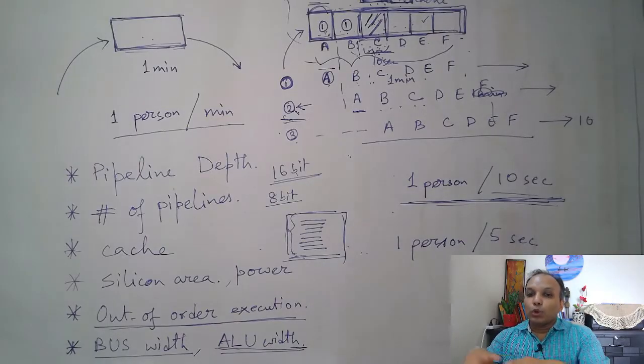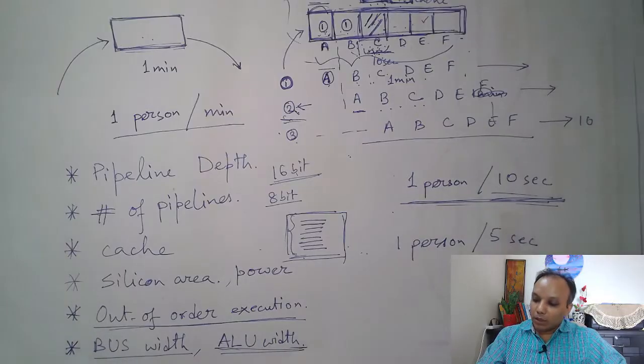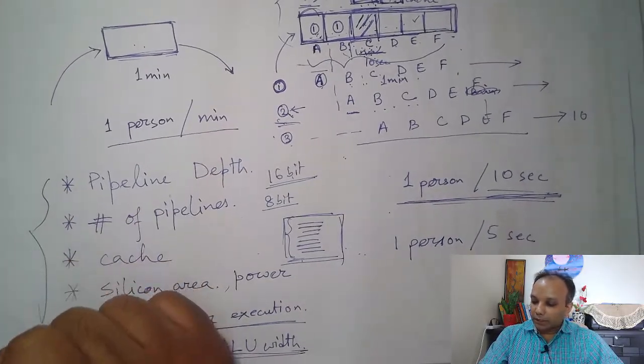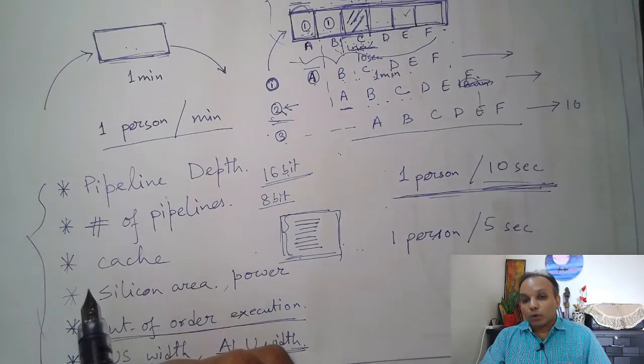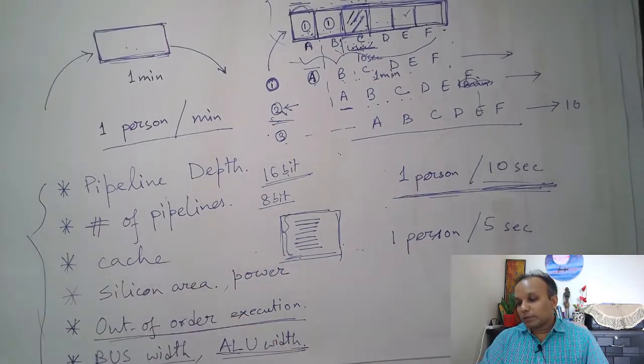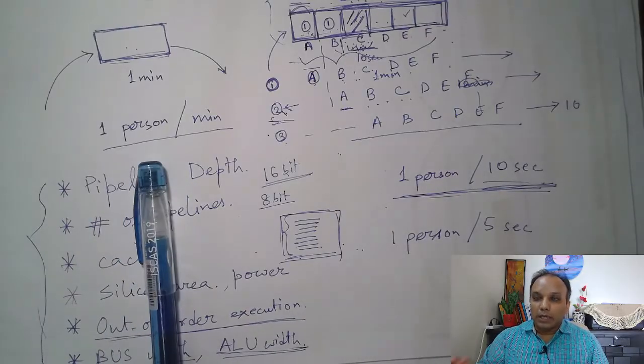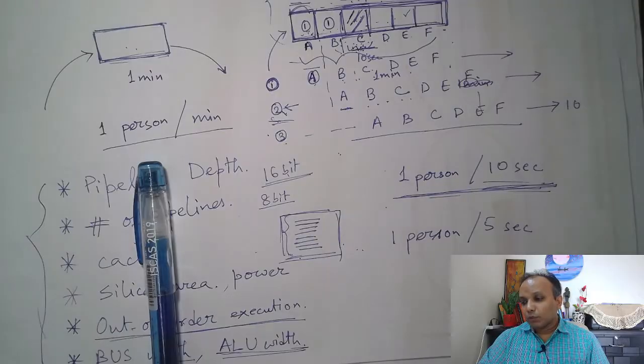So, of course, we will go into these things when we talk more about processor design, or the second part, basically when we talk about the microarchitecture in more detail, and there we will talk in more detail about each of these design decisions. Now, one thing I want you to take away from this is that we are here conceptually trying to understand the difference between ISA and organization.